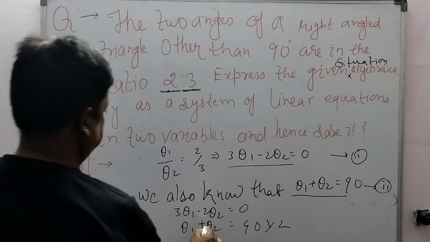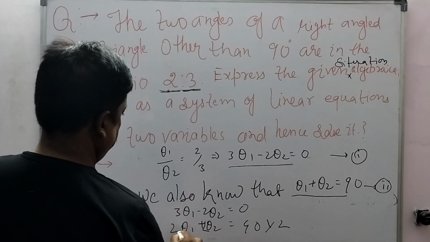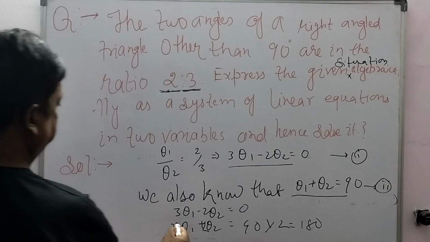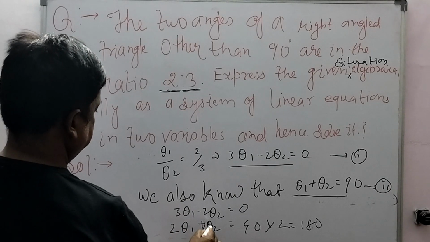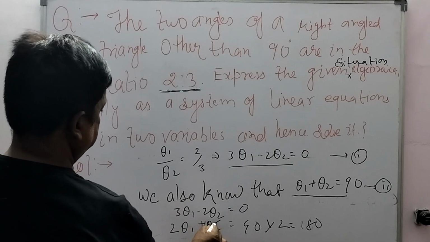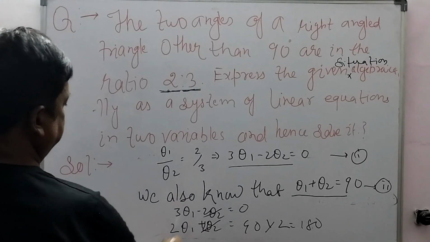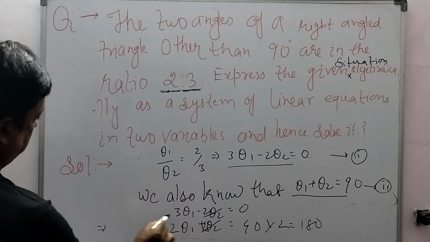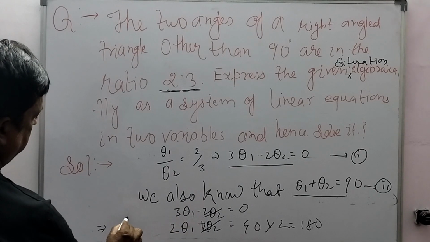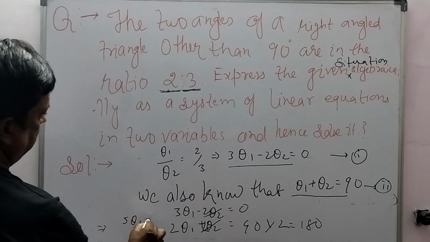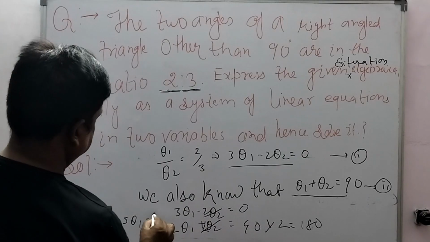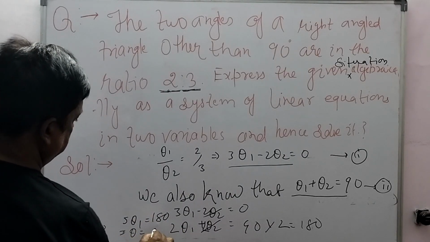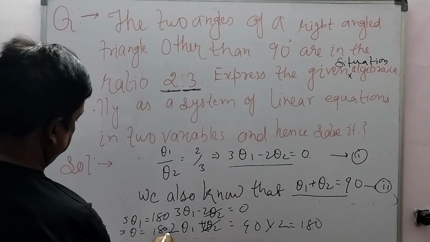Then it is 2 theta 1 plus 2 theta 2 equal to 180. We simply add and the theta 2 terms will cancel. Then 3 theta 1 plus 2 theta 1 is 5 theta 1 equal to 180. That means theta 1 equals 180 by 5.